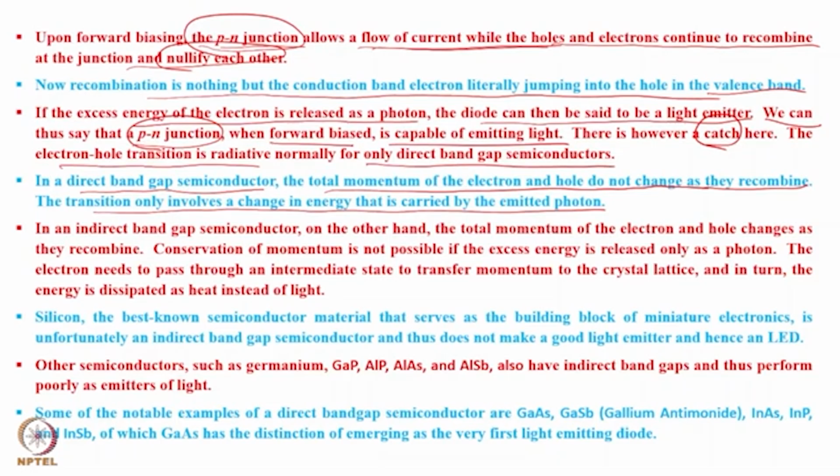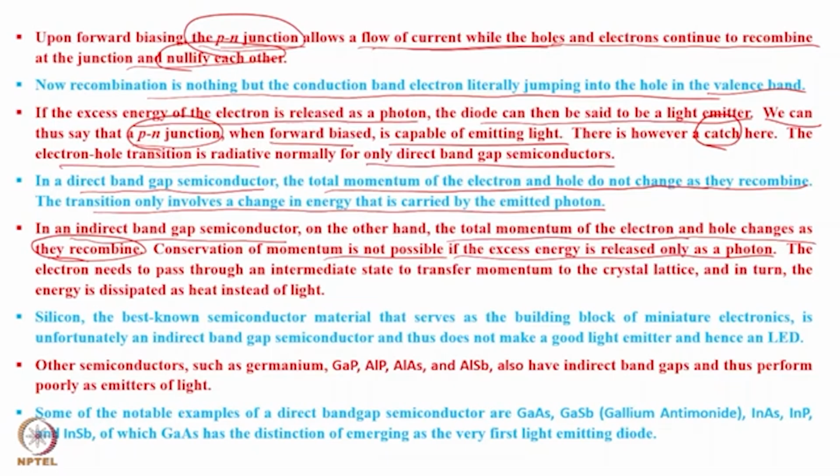On the contrary, in an indirect band gap semiconductor, the total momentum of the electron and hole changes as they recombine. Conservation of momentum is not possible if the excess energy is released only as a photon. Energy is of course conserved, but not the momentum.